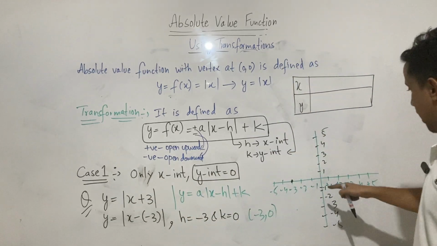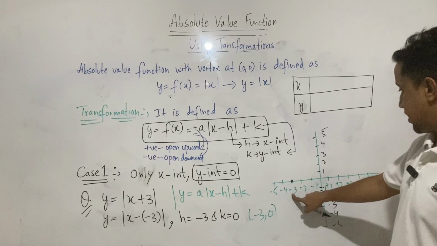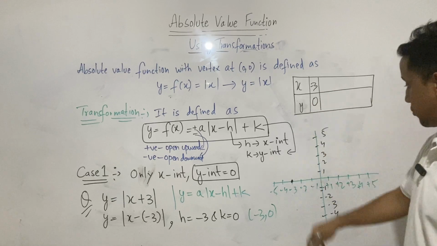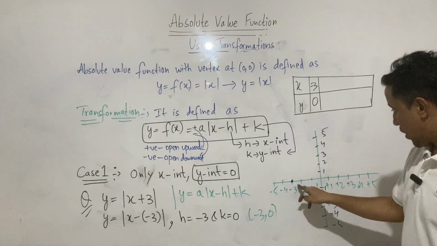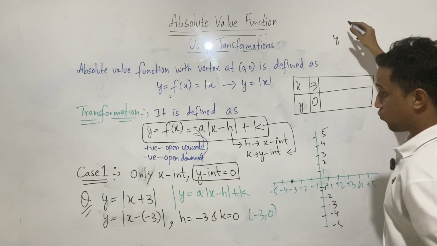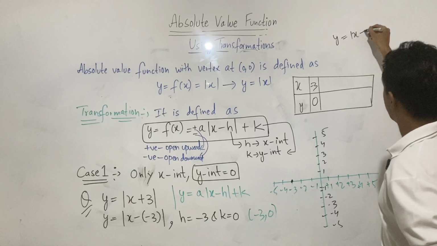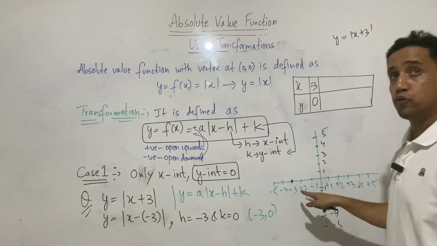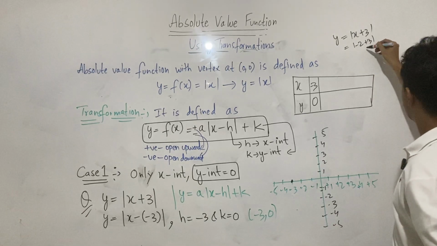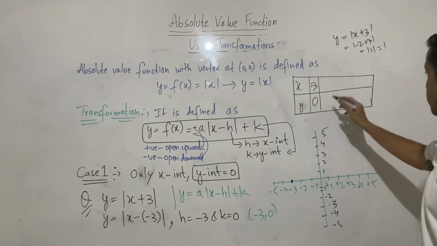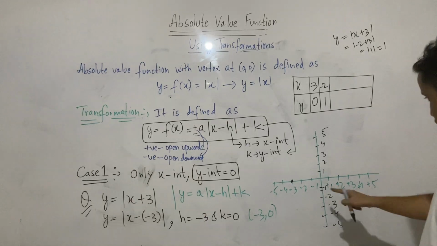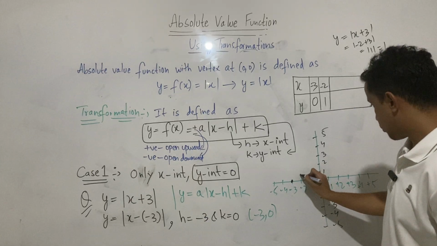So for minus 3, the y is 0. Now let's take the value minus 2. The function is y equals modulus of x plus 3. If I put x as minus 2, so minus 2 plus 3 is modulus 1, which is 1. So minus 2, 1 is going to be the point.